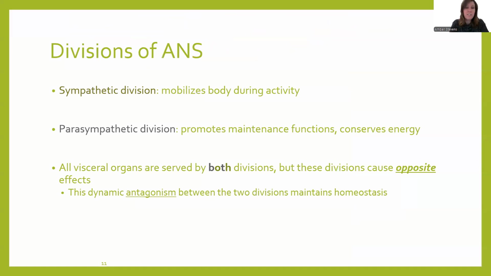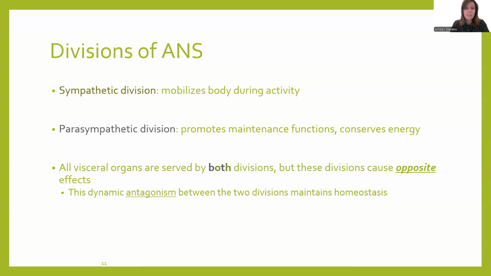All right, so division of the autonomic nervous system. The sympathetic division mobilizes the body during activity. Again, that's fight or flight. The parasympathetic promotes maintenance functions and conserves energy, right? It helps with digestion, like we talked about.